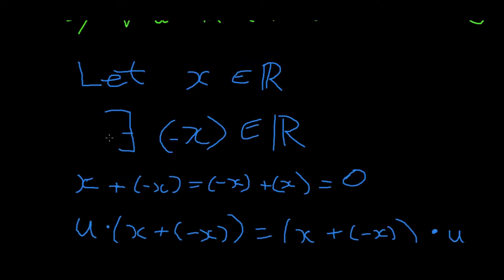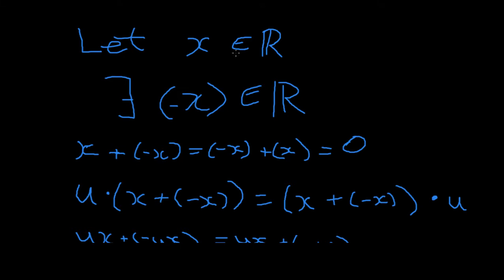So what we do is use two variables. We have to use x and negative x. We say, let x be a member of the set of all real numbers, so the axioms can work for them.